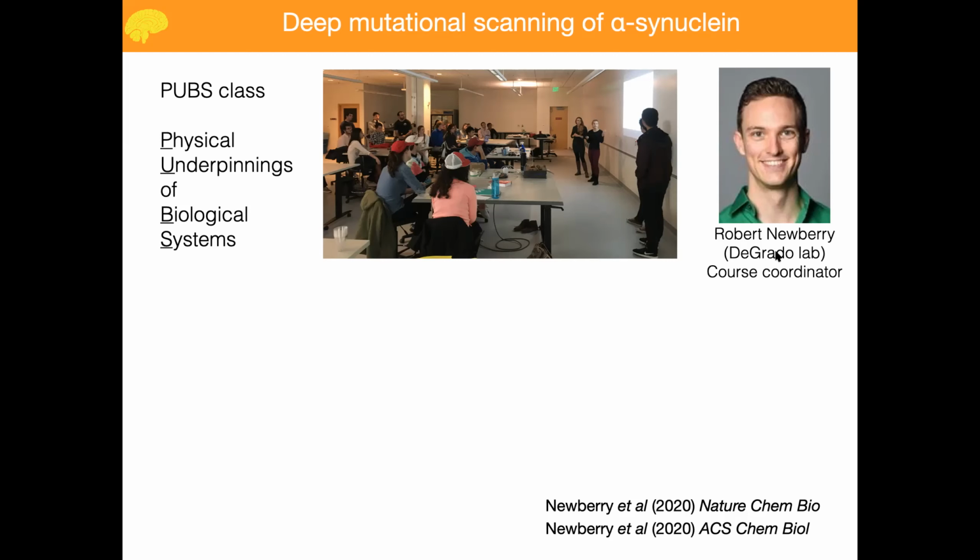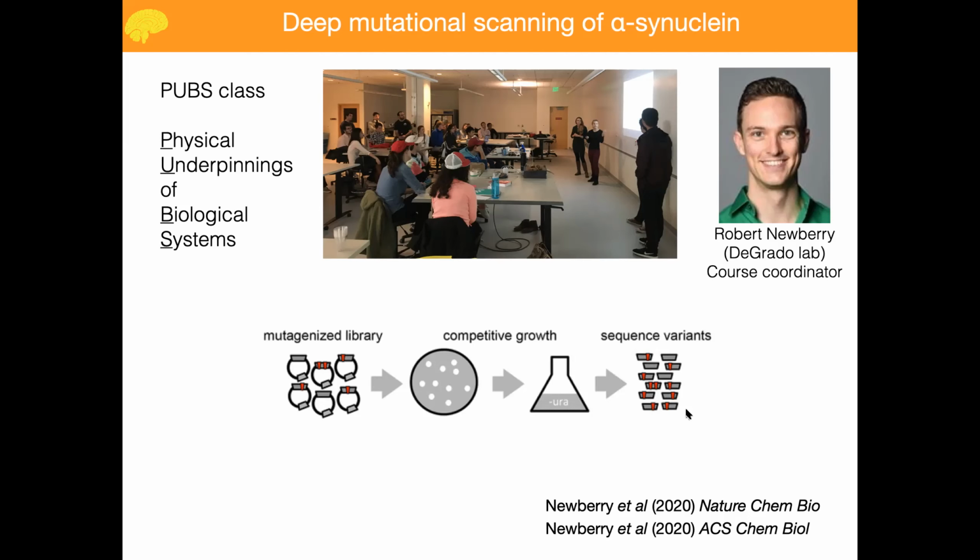And so in this class with students, we of course needed to do something that is feasible in such a context. So we decided to work in yeast. And yeast had been previously used as a model system of alpha-synuclein toxicity, and that had been pioneered by Susan Lindquist's lab. And you may say, well, is yeast an appropriate model system? Yeast does not endogenously express alpha-synuclein, but if you overexpress human alpha-synuclein, it has a toxicity phenotype in yeast.